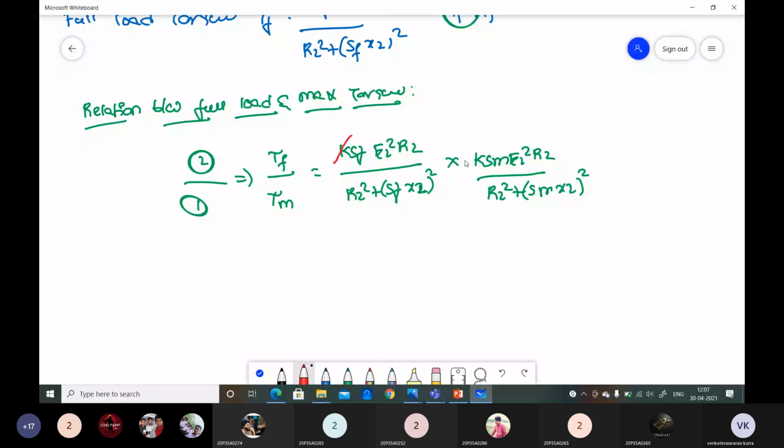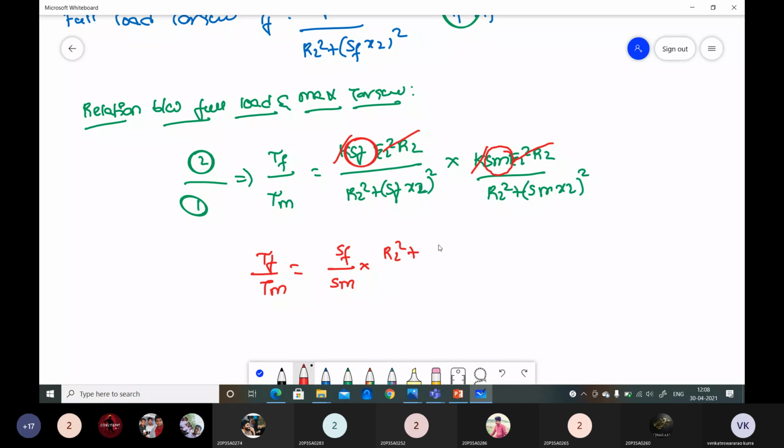Now this K value cancels, and E2 square R2, E2 square R2 cancel. So T_F by T_max equals, here we have S_F and here S_M, S_F by S_M into, this will become the numerator.